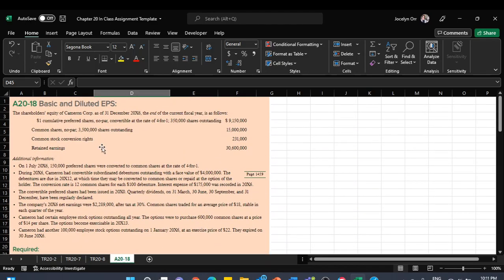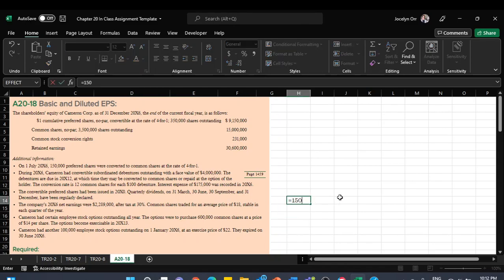So now we can look at our weighted average of shares. So again, this 3.5 million was at the end of the year after we had our conversion, right? So we had less than that for the first 2 quarters of the year. Okay, so we converted 150,000 preferred shares, and it was a rate of 4-to-1.